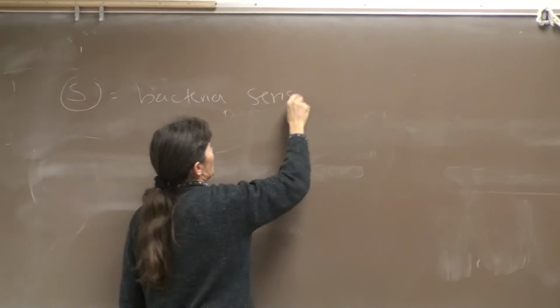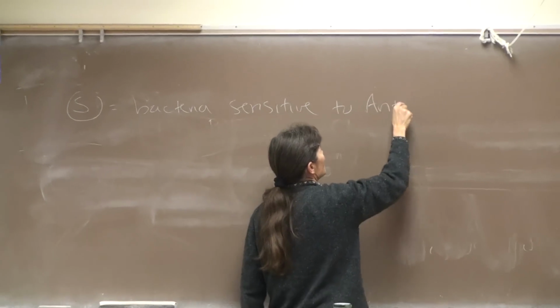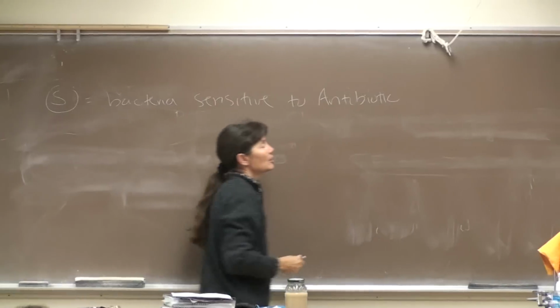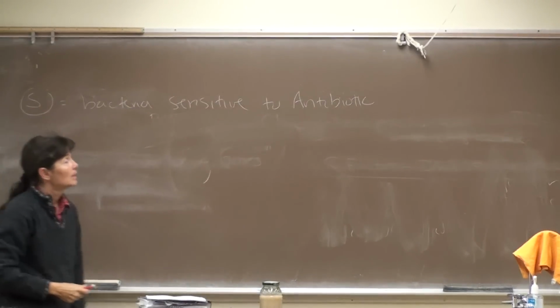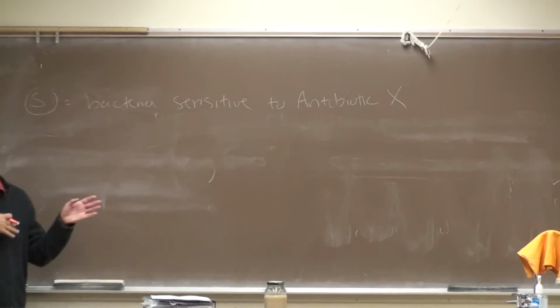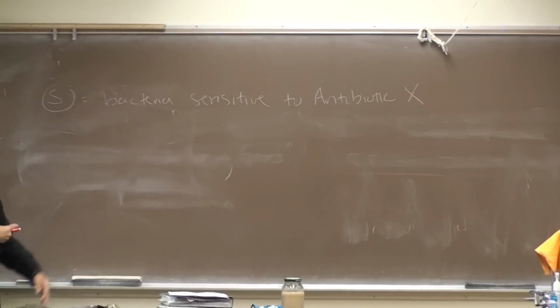By sensitive, I mean that the bacteria are either inhibited or killed if they're grown in the presence of antibiotic X. And as humans, that's what we want. If this bacteria is a pathogen, we want our antibiotics to kill them, right?